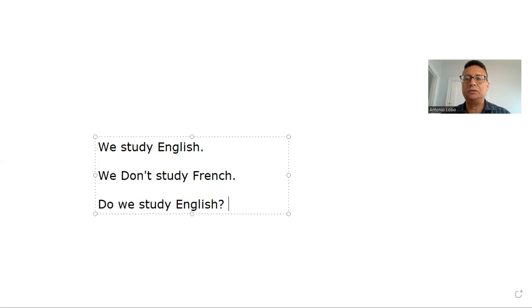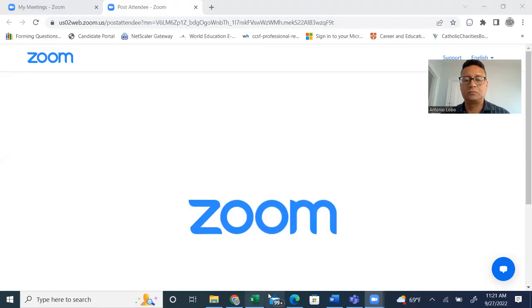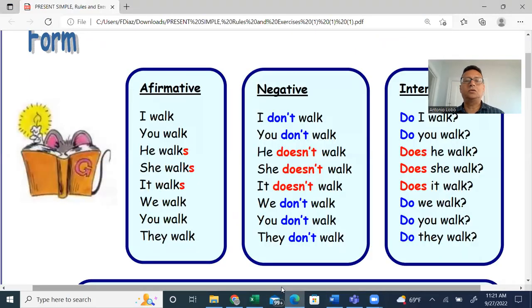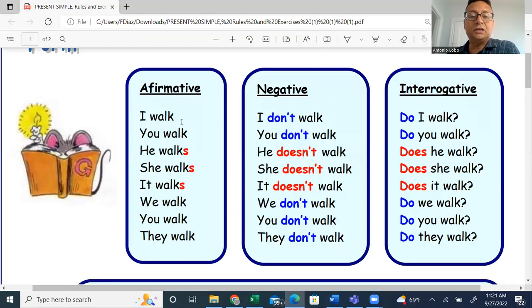Let me show you. So this is an example of affirmative, negative, and interrogative of verb to walk.